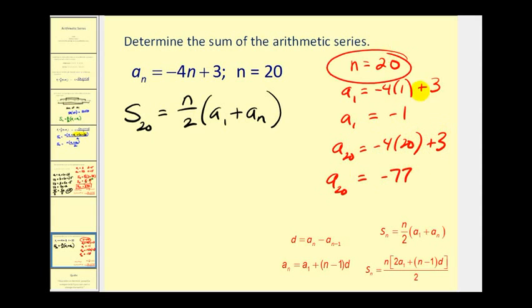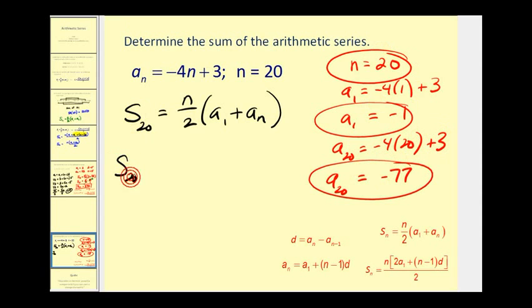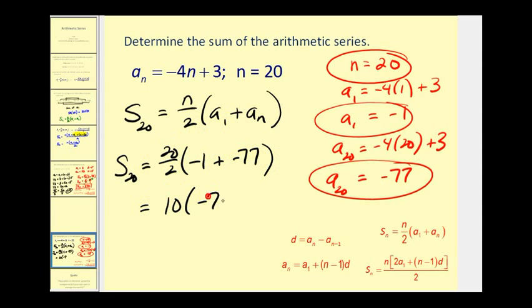So we have n, we have a sub 1, and we have a sub 20, that's all we need. So the sum of the first 20 terms is equal to 20 divided by 2 times the quantity of negative 1 plus negative 77. So we're going to have 10 times, this will be negative 78. So the partial sum is equal to negative 780.